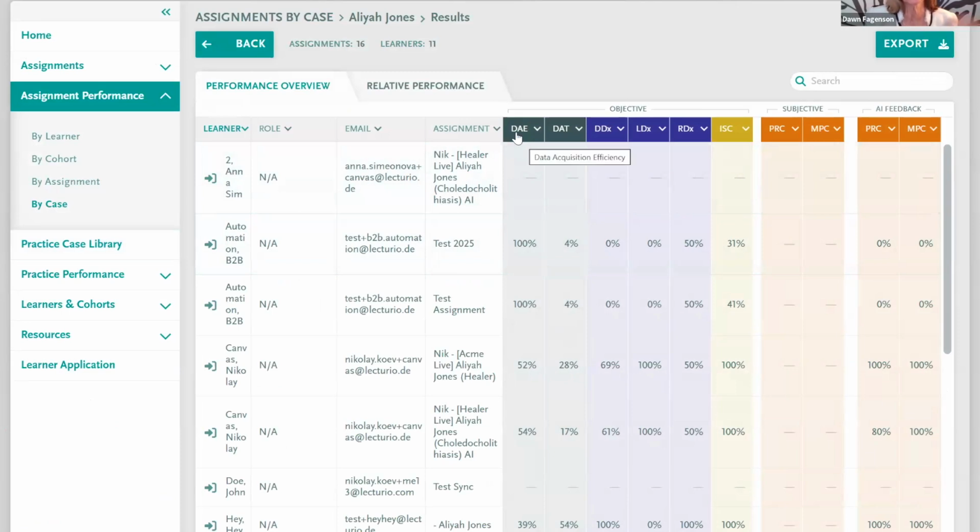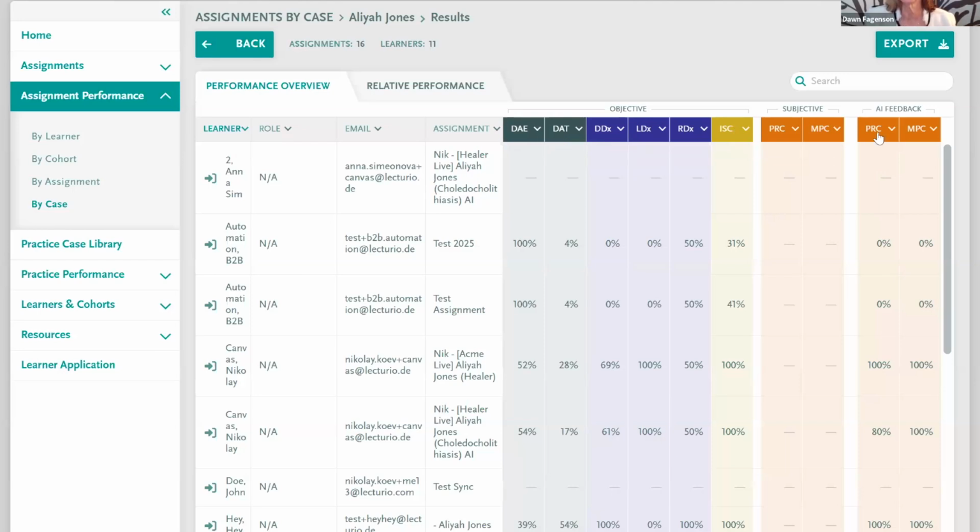So again, we'll go through this in more detail when we go through a case, but we're tracking data acquisition efficiency, data acquisition thoroughness, differential diagnostic accuracy, which is what differentials they chose at each stage of the case and how they ranked them, lead diagnostic accuracy before they got feedback, and then revised lead diagnostic accuracy, which is after they received feedback from our experts. And then we have illness script concordance. So this is the act of building the Venn diagram.